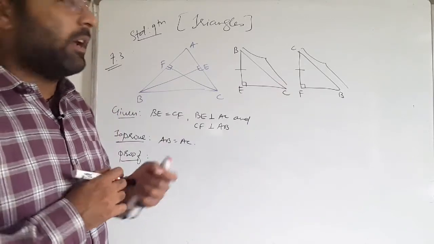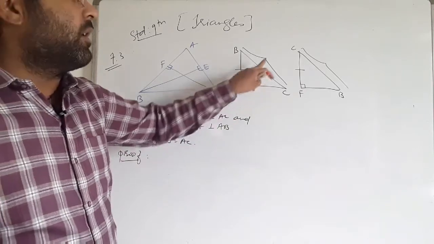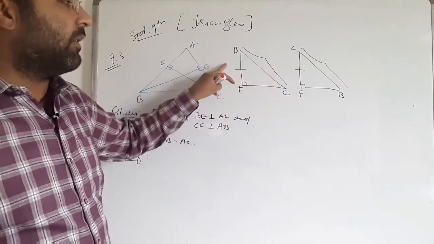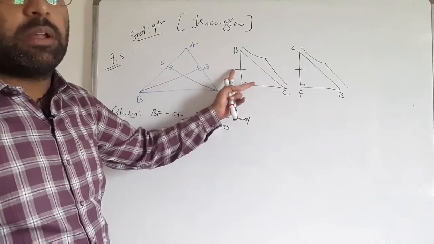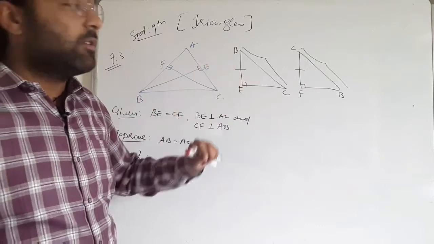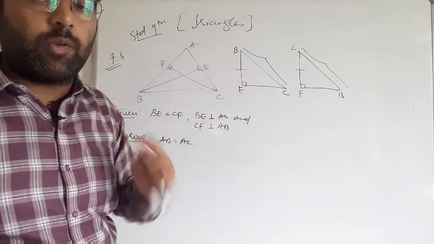So here we are seeing the RHS congruency rule, that is right angle, hypotenuse and one of the two remaining sides are equal. Therefore by RHS congruency rule, both triangles are congruent.